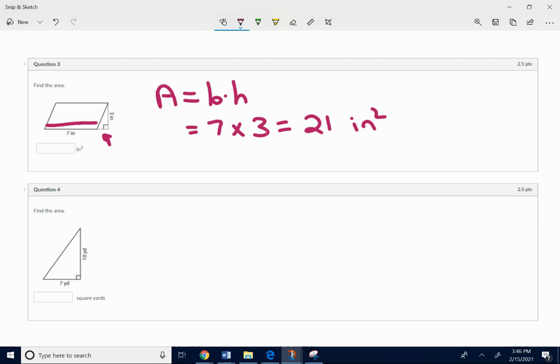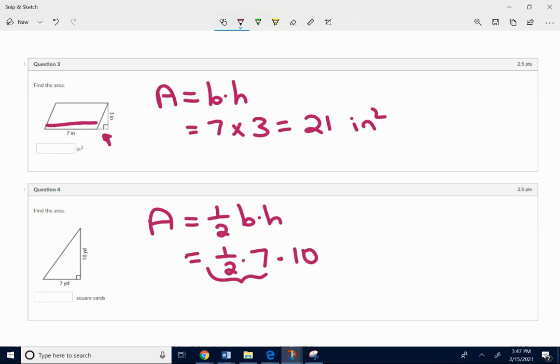Okay, the area of a triangle is half the size of a parallelogram. So you need to use 1/2 times base times height, 1/2 times the base of 7 times the height of 10. A couple different ways you could do this. You could try to figure out 1/2 times 7, and you could.